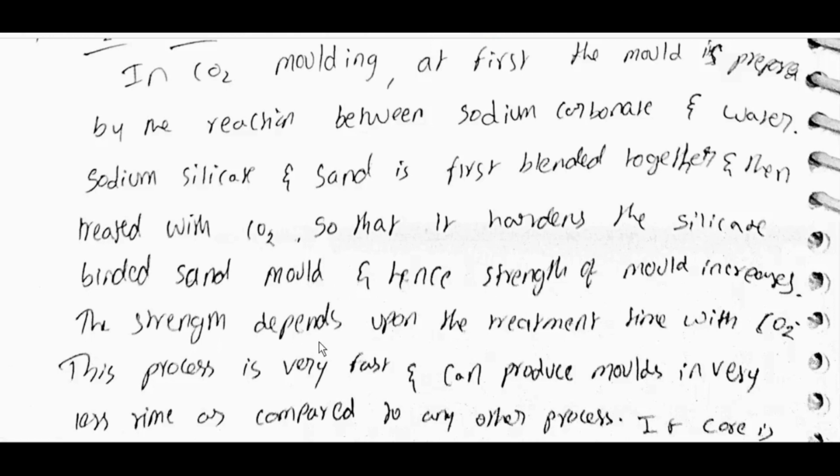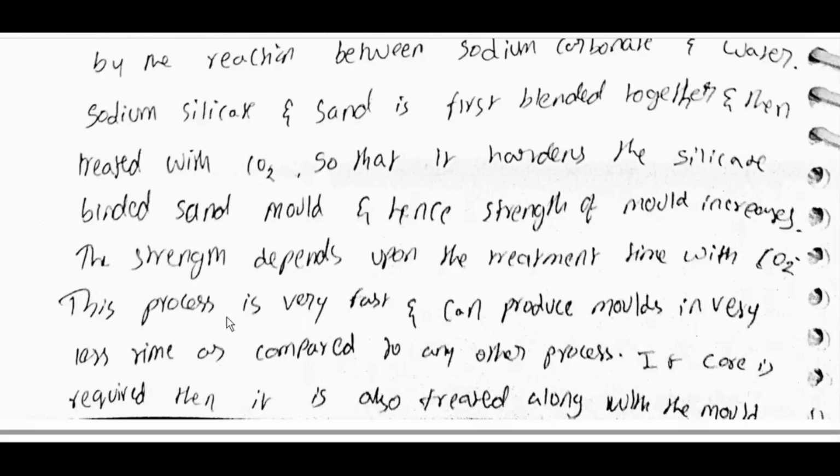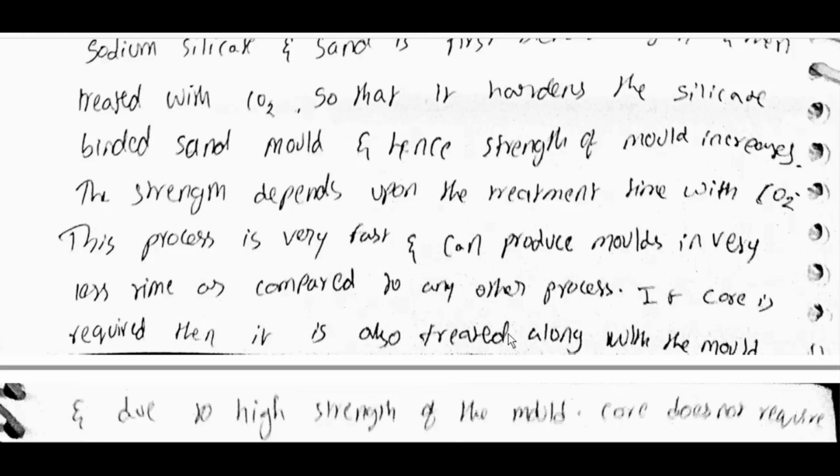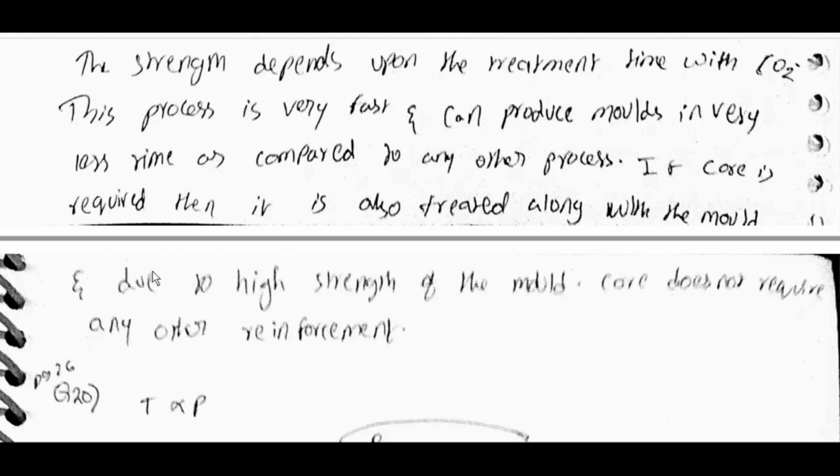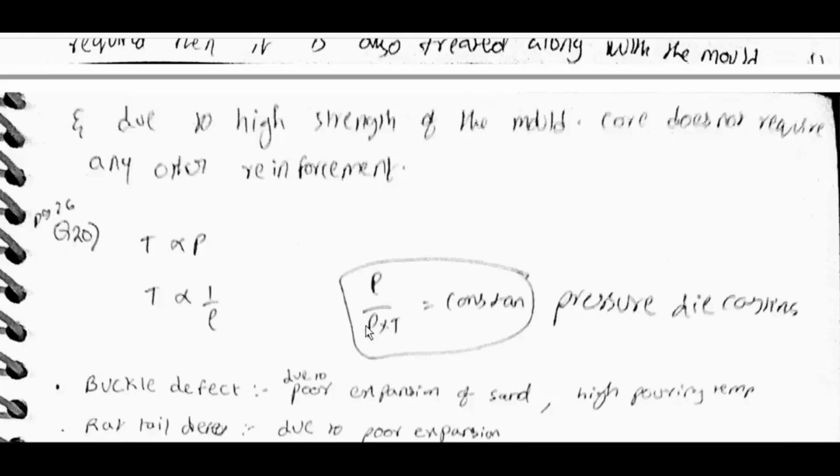The strength depends upon treatment time with CO2. This process is very fast and can produce molds in very little time as compared to other processes. If a core is required, then it is also treated along with the mold, and due to the high strength of the mold, the core does not require any other reinforcement.